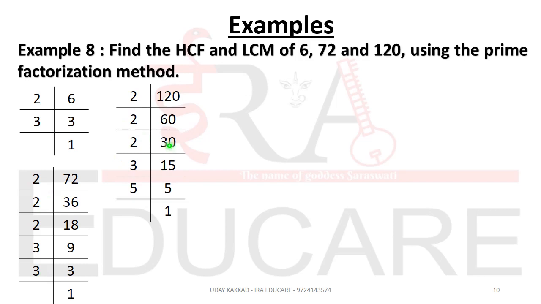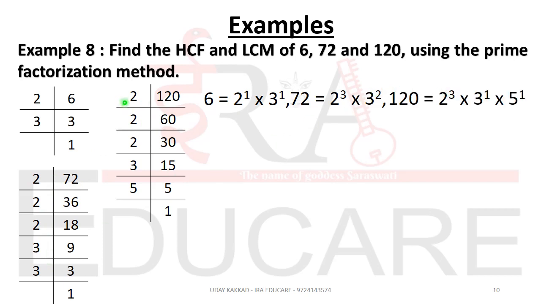And the factors of 120, right? So I can write 6 as 2 raised to 1 and 3 raised to 1, 72 as 2 raised to 3 and 3 raised to 2, because the number of 2's is 3 and the number of 3's is 2. Likewise 120 is 2 raised to 3, 3 raised to 1 and 5 raised to 1, right?